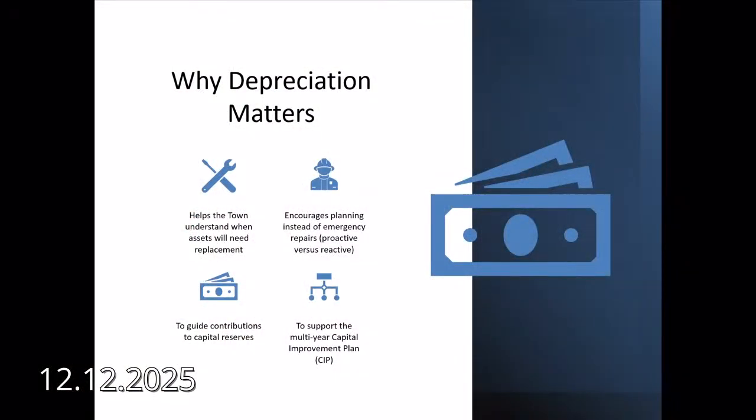So as you can see here, it helps us understand how much we'll need to replace that piece of equipment. It helps us plan, instead of waiting for something to break down and then deciding whether or not we need to purchase something later on. It helps us plan out what those expenses are going to be long term, and it helps guide us on our contributions to our capital assets, which I'll show you in a second.